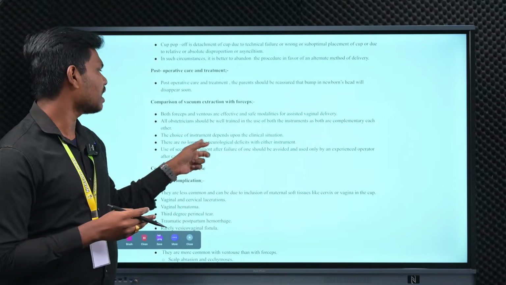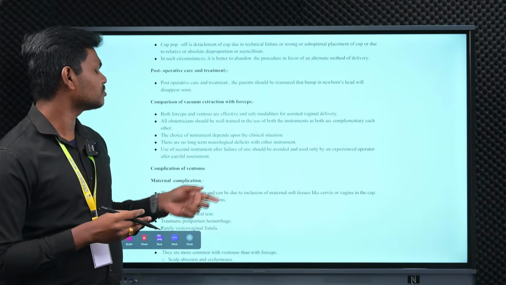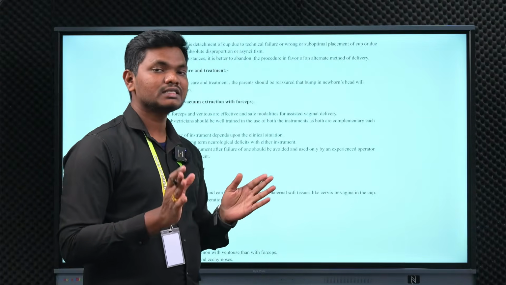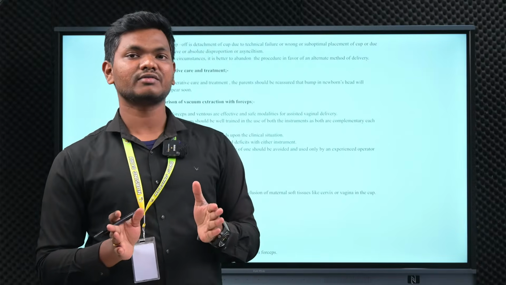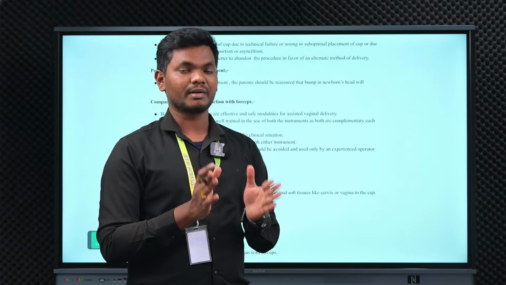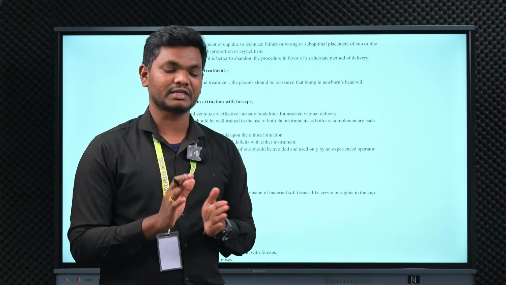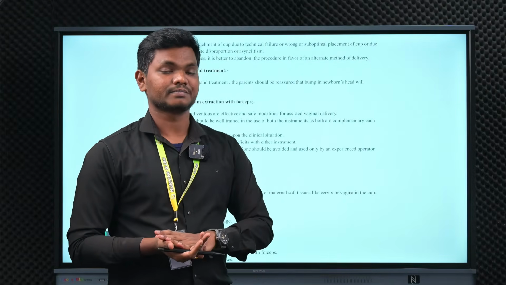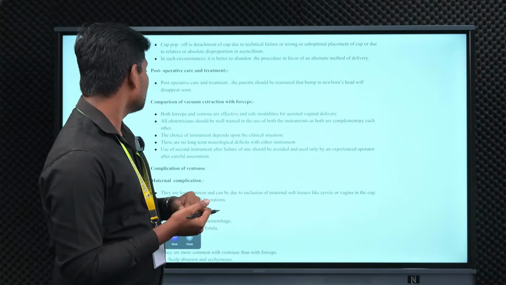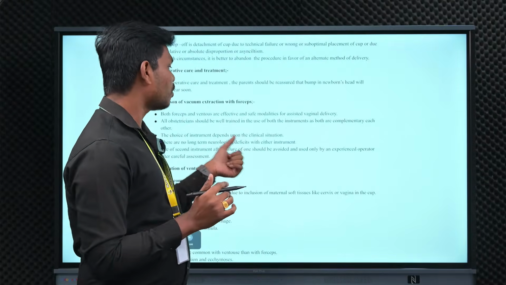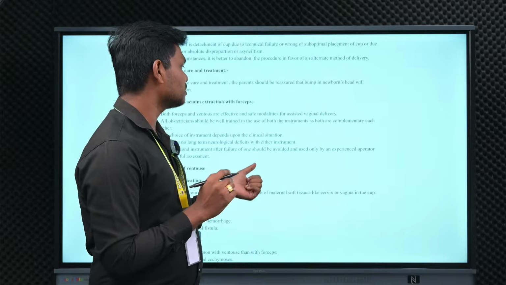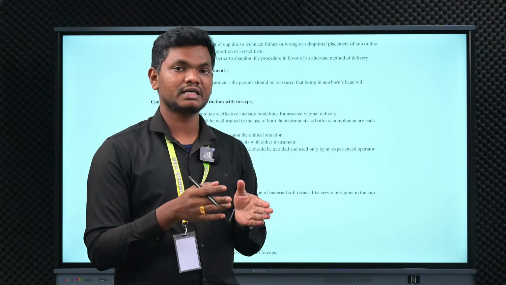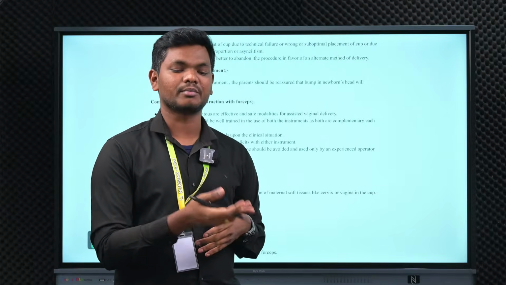The choice of instrument depends upon the clinical situation. According to the condition of the mother and the condition of the baby, we can select whether the mother can go for forceps delivery or vacuum delivery. Always avoid using one method after another. For example, once forceps is applied and fails, you should not apply the vacuum.